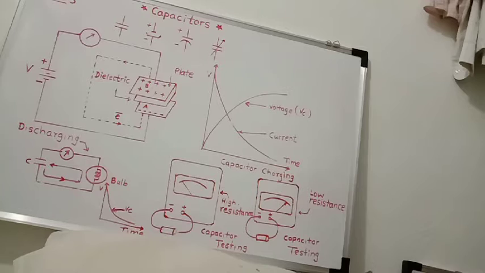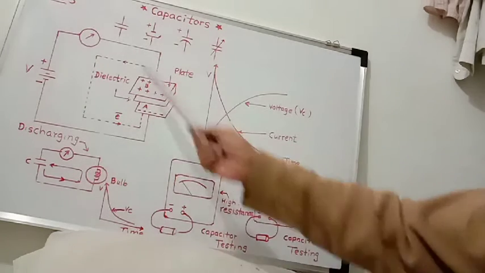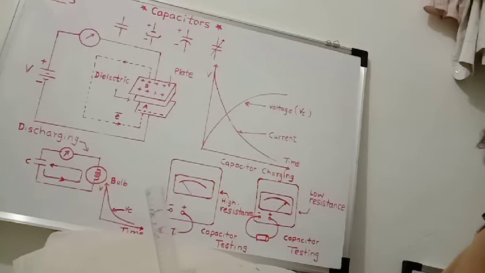Okay, then as shown in this figure, when a battery is connected across the capacitor, current flows through the circuit, and a current meter is connected for indication.